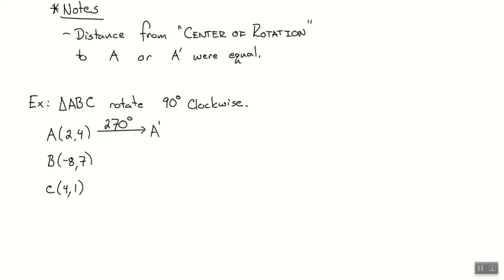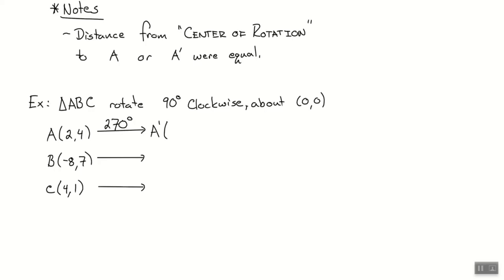Say clockwise, and we'll just make that a comma. I know it's not grammatically correct, but we'll say about 0, 0. Okay, I want you guys to rotate each of these points 270 degrees. When you're done, you're going to graph the original triangle, the pre-image, and the now rotated triangle, the image, on your page.